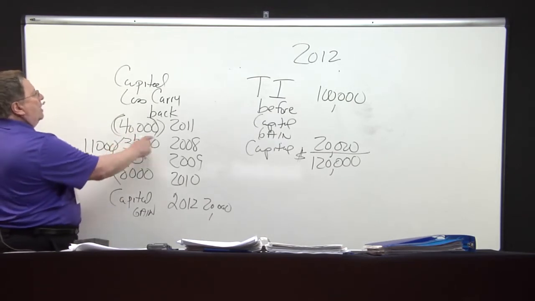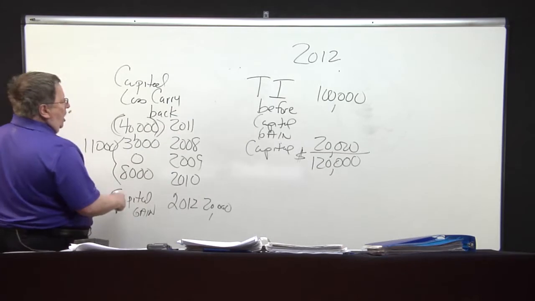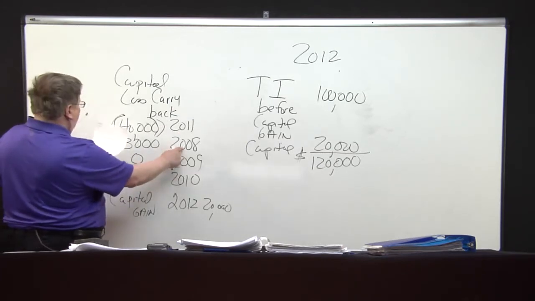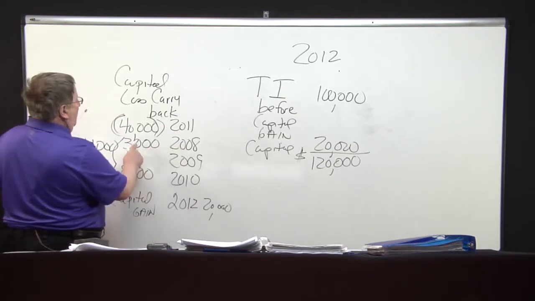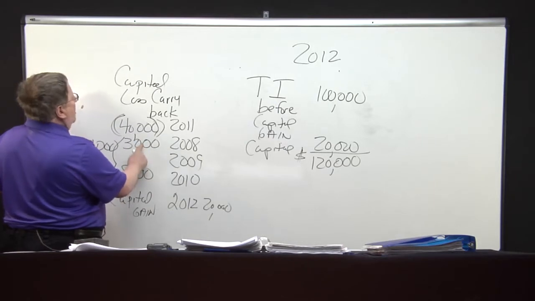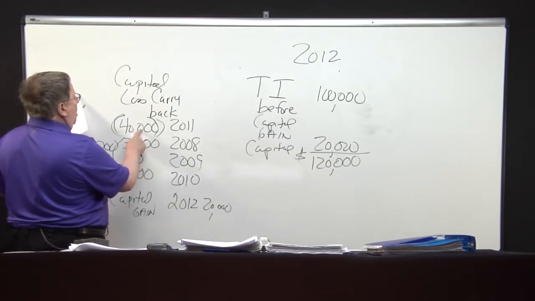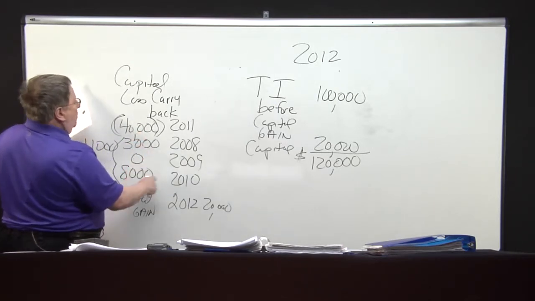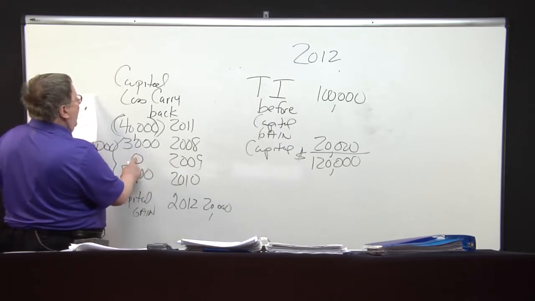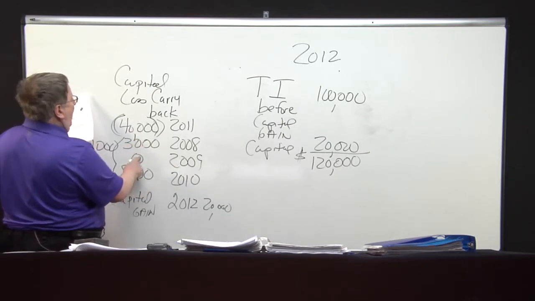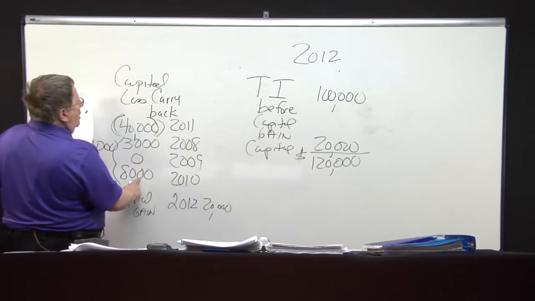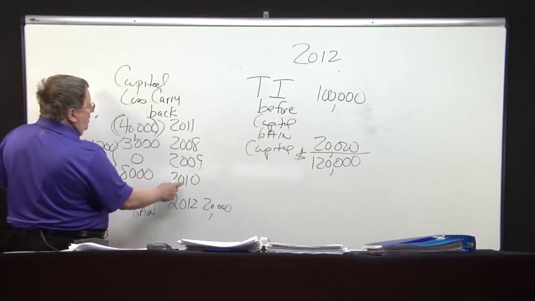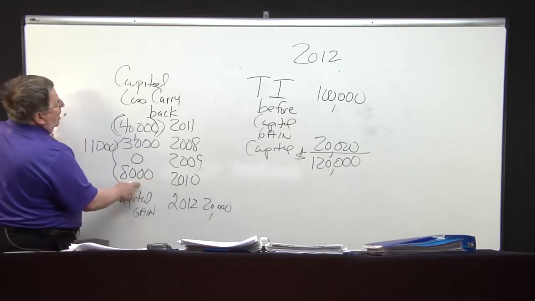So let's see what we did here. We take the $40,000 2011 capital loss, and first we go back to 2008. 2008 had a capital gain of $3,000, so we use $3,000 of the $40,000 capital loss to wipe out the gain. Now, 2009 had no capital gains, so none of the loss is carried back. All right, now we go to the next year, which is the third year, all right, and that's 2010. They have an $8,000 capital gain.